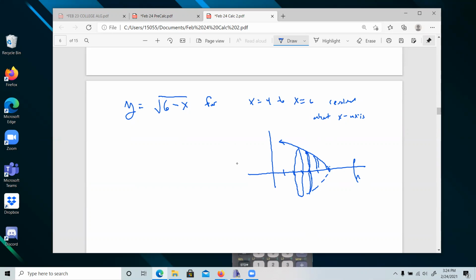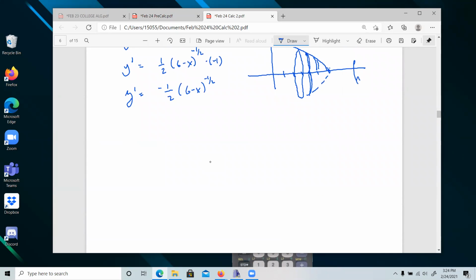All right, so first things first, let's go ahead and write y is equal to 6 minus x raised to the 1/2. y prime is equal to 1/2 times 6 minus x to the negative 1/2 times negative 1, so negative 1/2 times 6 minus x to the negative 1/2. Okay. All right, so let's go ahead and set this thing up. So we've got our surface area is equal to 2 pi integral from 4 to 6.